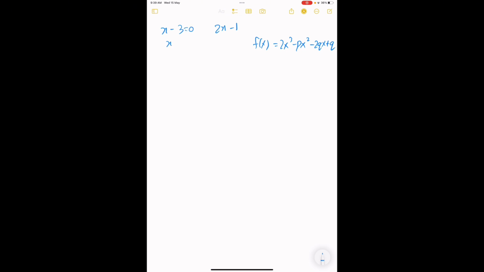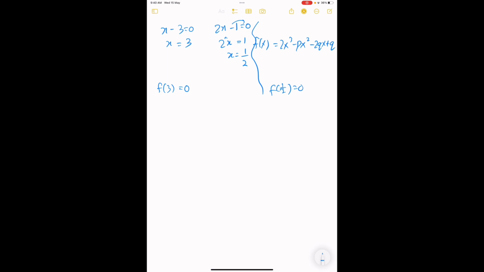First step is you find the factor and you equate it to 0. 1 you bring to the right, becomes 2x equals positive 1. Now this is multiply, you want x alone, it will become half. So these are two factors, by using the factor theorem, f(3) equals 0 and f(half) equals 0.